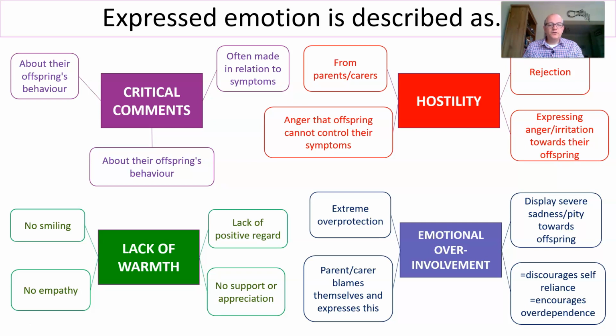Then there's emotional over-involvement and this idea of blaming, the parent blaming themselves for what their son or daughter is going through. Their sadness, sometimes in emotional over-involvement, they will say, well, this makes me so sad, really putting emotional baggage onto the sufferer.